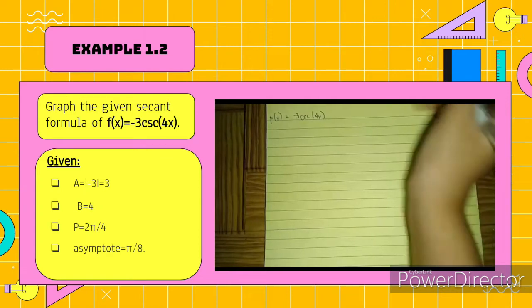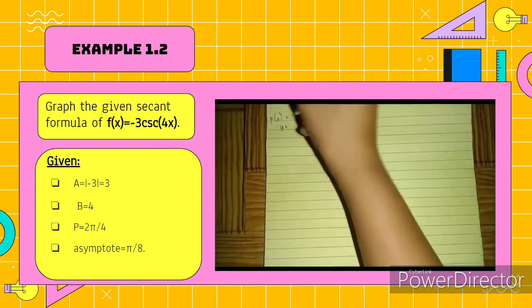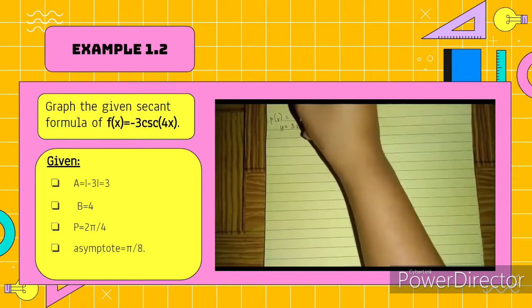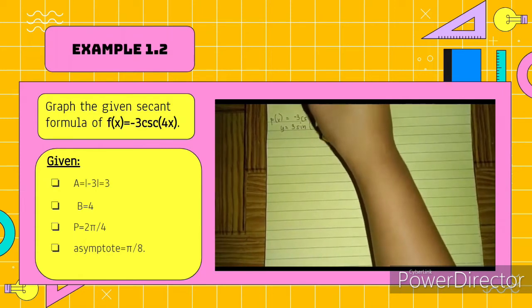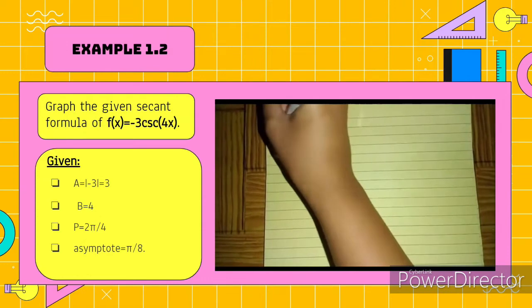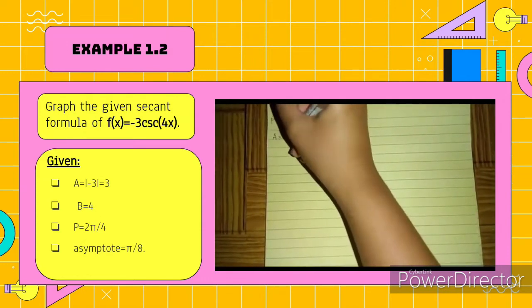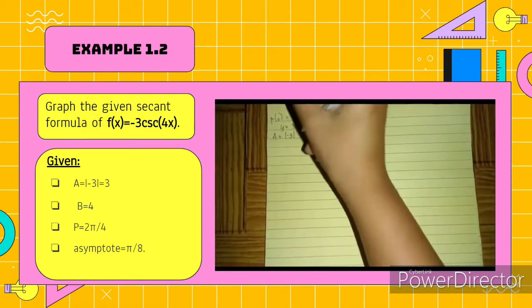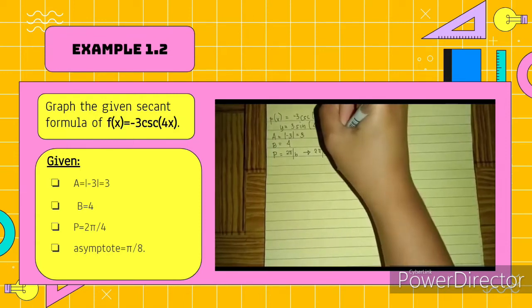For the second example, as I've said earlier, the cosecant function is the reciprocal identity of sine. The next thing we have here is our given, which is a, the absolute value of negative 3, is equal to 3. Then b is equal to 4.